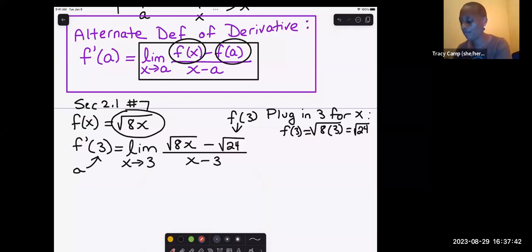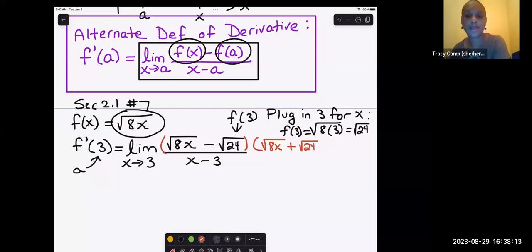By the way, if I plug in 3 for x, I'm going to get 0 in my denominator, so I have to do some simplifying. In section 1.2 we talked about finding limits: if you have a radical and plugging the number in gives 0 in the denominator, then multiply by the conjugate.